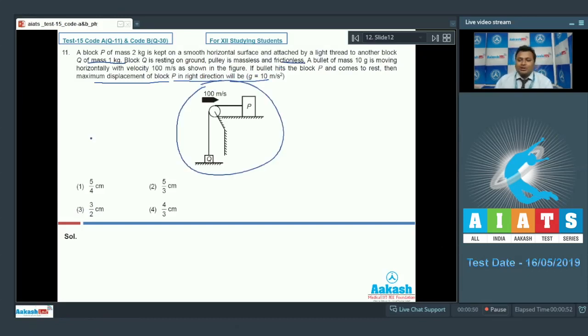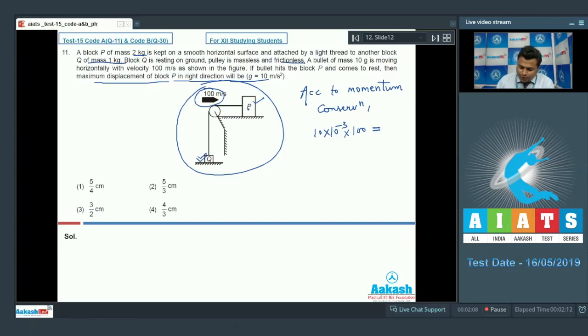Now, taking this as a system, let us apply the conservation of momentum, as momentum of this system will be conserved. According to momentum conservation, we have initial momentum, that is the momentum of bullet only, because initially blocks are at rest. So 10 into 10 to the power minus 3 mass into velocity, that is 100, equals final momentum.